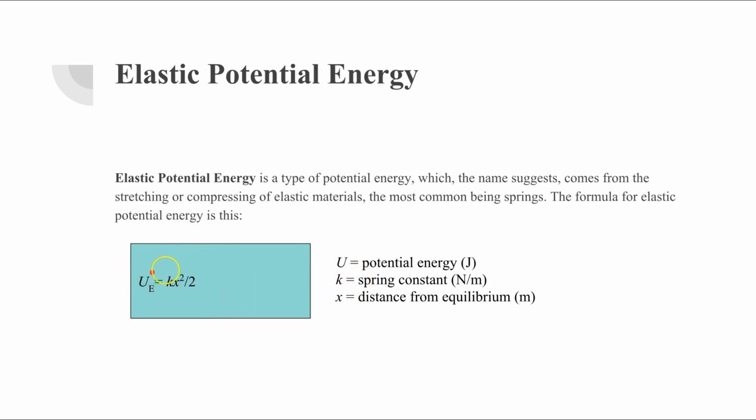So this formula is U for potential energy, E for elastic, equals kx squared over 2, or 1/2 kx squared, where k is the spring constant in newtons per meter, x is the distance from equilibrium in meters, and U is the elastic potential energy in joules.